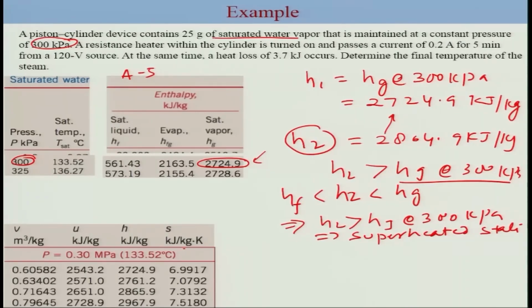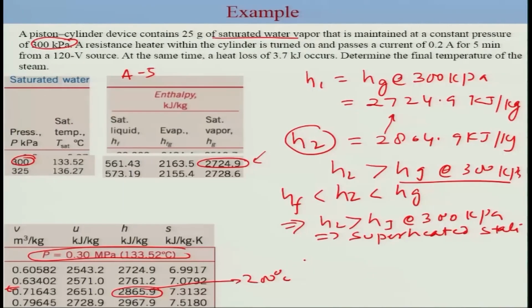Now we take a look at the table of superheated state, for the specific pressure 0.3 megapascal or 300 kilopascal. For that we obtain this value 2864.9, which is almost close to this value, and this corresponds to the temperature on the left side, around 200 degrees Celsius.